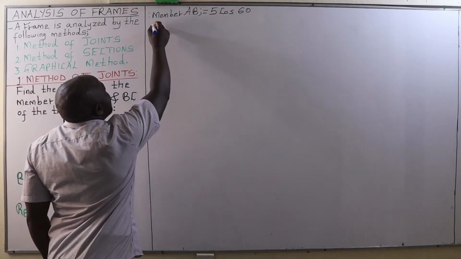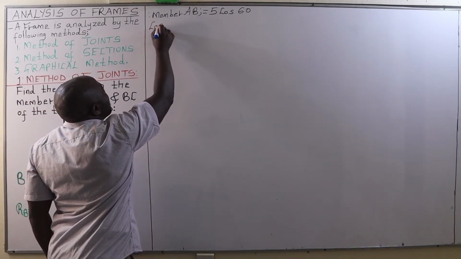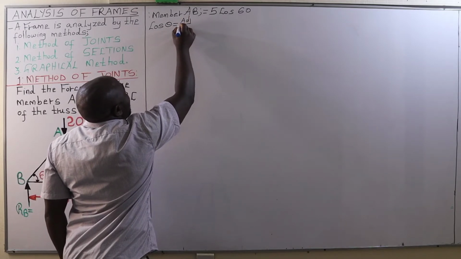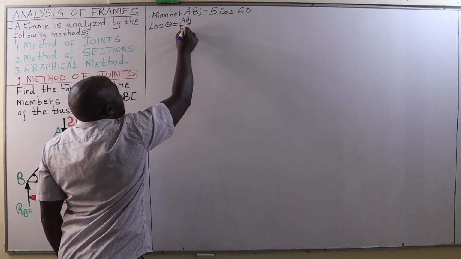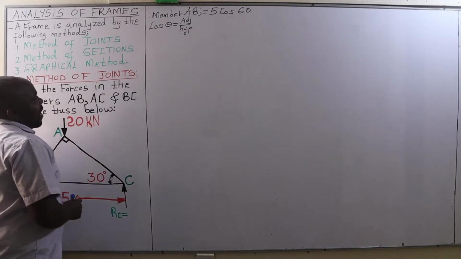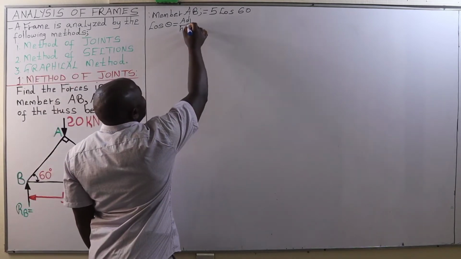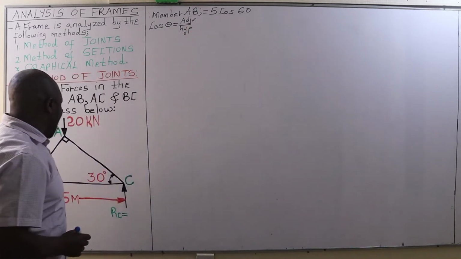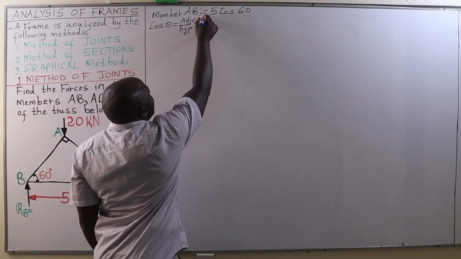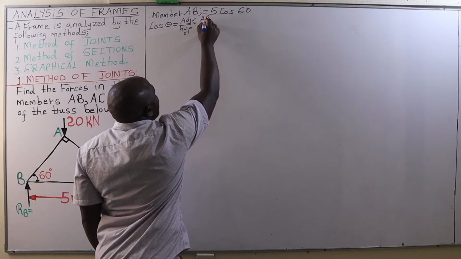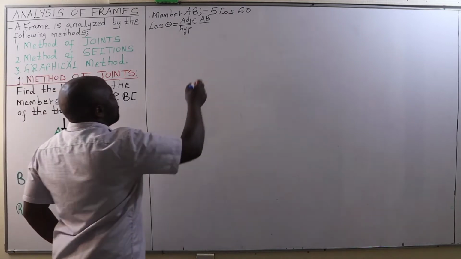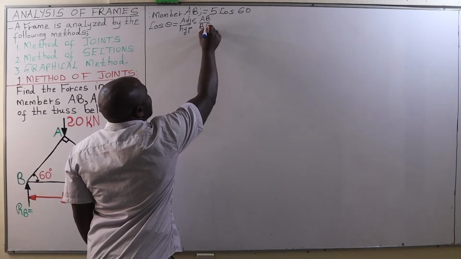And we know very well that cosine of theta is given by adjacent divided by hypotenuse. And the length which we are looking for is the adjacent, that is AB. So in short, we can say that cos theta is equal to length AB divided by BC, which is the hypotenuse in this case.